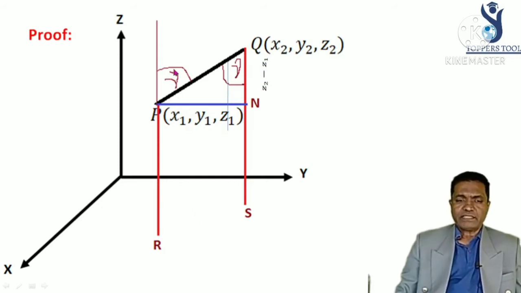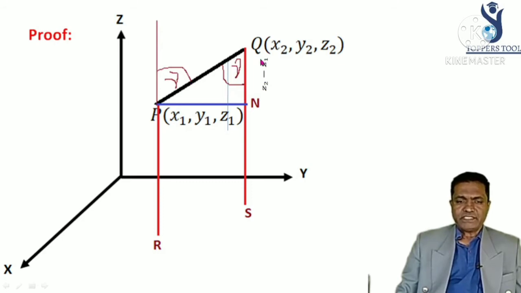Now, as I said earlier, this is the angle gamma, because gamma is the angle between the z axis and PQ. So this being parallel to this, this angle will be the same as gamma, that this line makes with the z axis. So this is gamma. Then as these two lines are parallel, this angle is also going to be gamma.